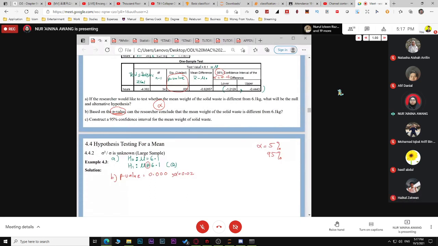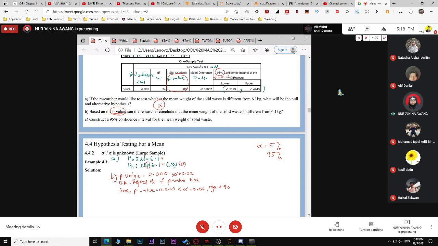So alpha is 0.02, and the next step is your decision rule. Reject the null if p-value is less than or equal to alpha. Since the p-value is equal to 0.000, this value is less than your alpha. So reject or fail to reject the null? Reject. Okay, reject the null. When we reject the null, we are saying it is indeed different from 6.1.